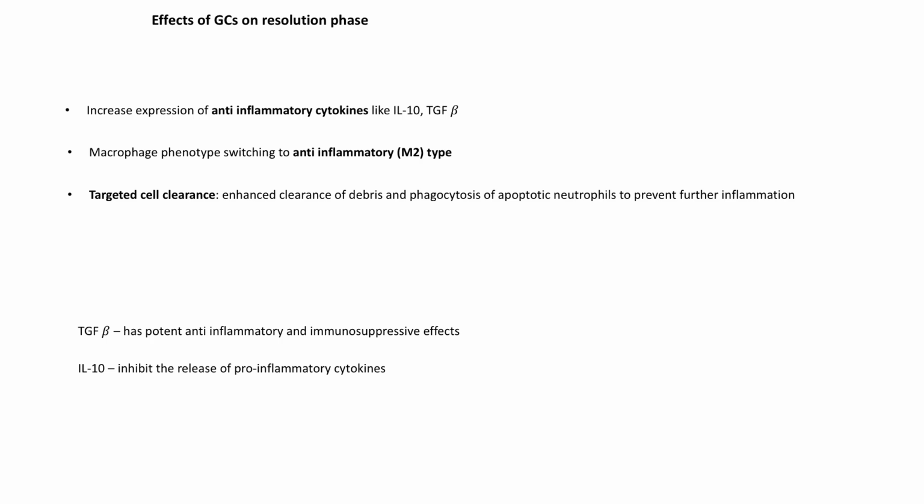Glucocorticoids increase expression of anti-inflammatory cytokines like IL-10 and transforming growth factor beta, and these anti-inflammatory cytokines prevent release of pro-inflammatory cytokines. And glucocorticoids also promote the anti-inflammatory phenotype of macrophages, and these macrophages produce anti-inflammatory cytokines and promote resolution of inflammation.